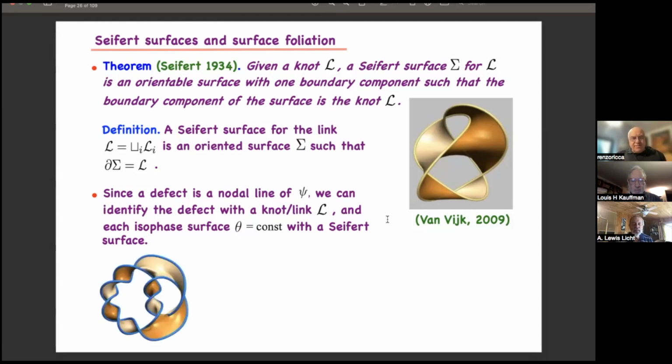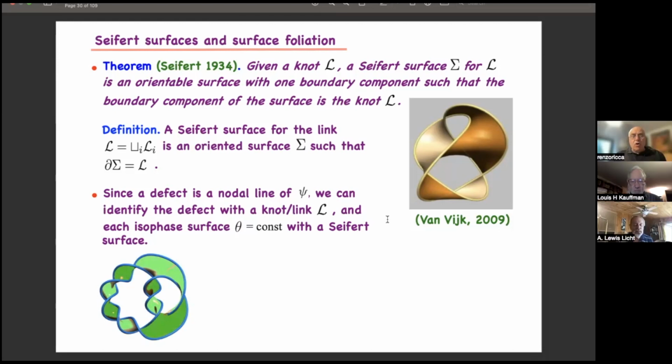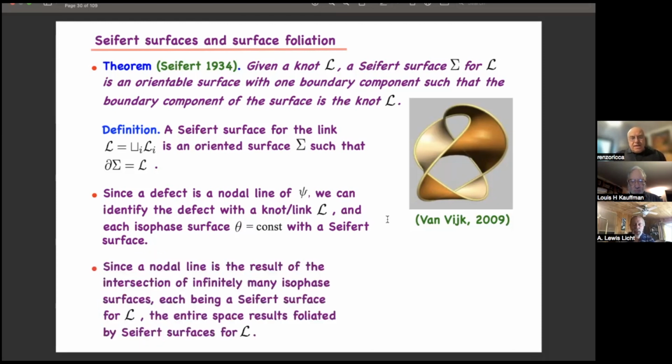So instead of having this, we can think of a Seifert surface, in green, as a special case of one of the many, infinitely many isophase surfaces we can pick. Since a nodal line is the result of the intersection of infinitely many isophase surfaces, each being a Seifert surface for L, the entire space results foliated by Seifert surfaces for L.